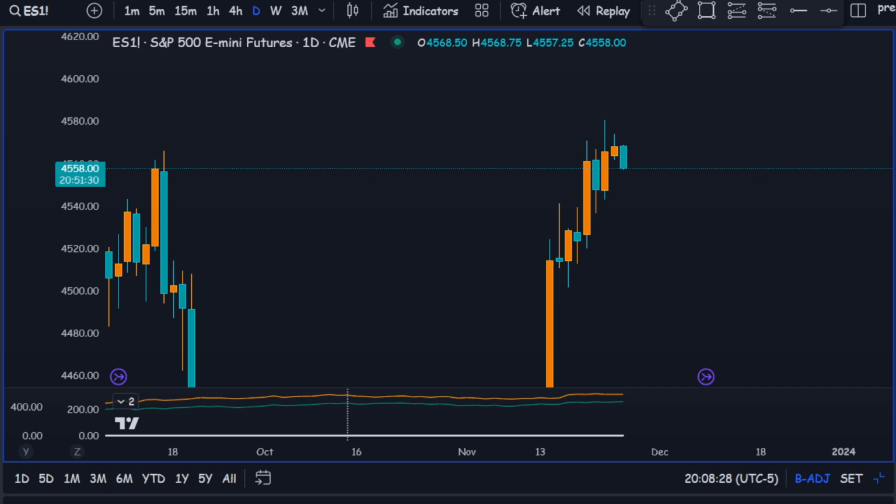However, because I can't control those variables and I don't know you, I don't understand what's going on in your head in particular, I have to say, for legal reasons, that these are for paper trading only.